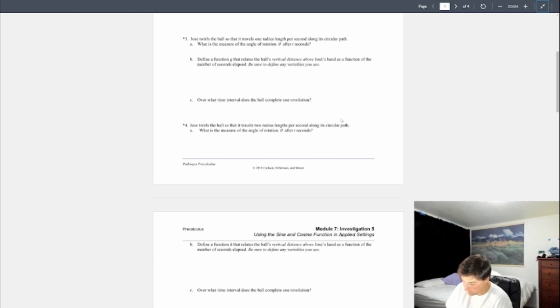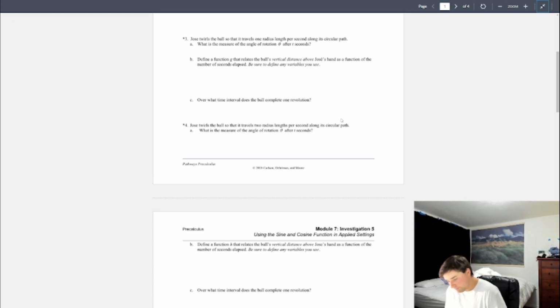Pi seconds, which is 3.14 approximately. Over what time interval? 0 to 3.14 seconds.